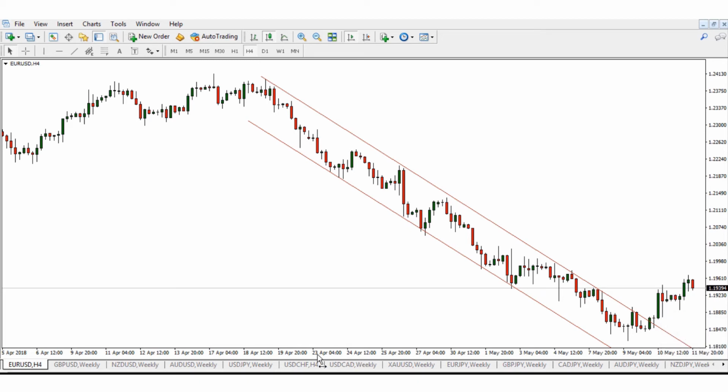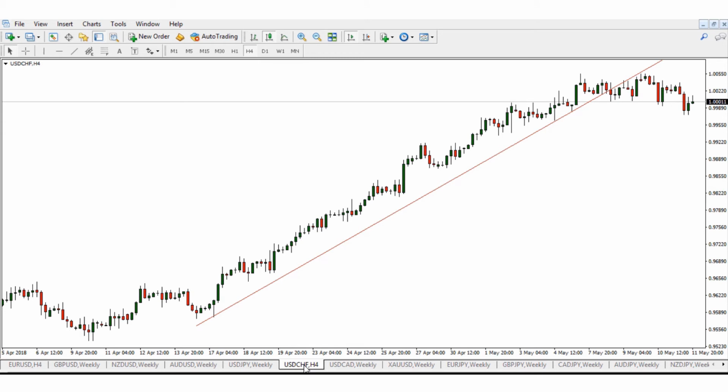Let us see if we can have a channel on an uptrend. Okay, you can also have a channel right over here. Doesn't seem to touch very pretty like the one on the Euro US dollar.